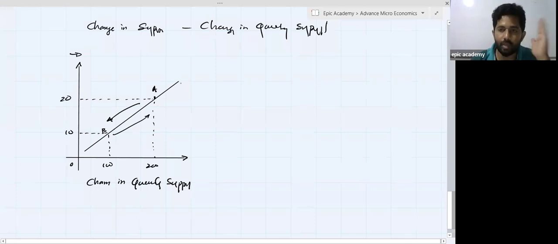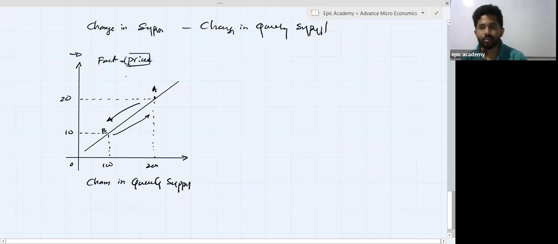This is the meaning of quantity change. Changing quantity supply. So what are the factors related to the changing quantity supply? Just one factor is there. Price. The factor is price. According to the change in the price, the supply amount can be changed.